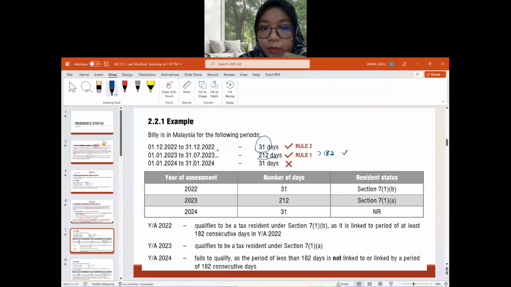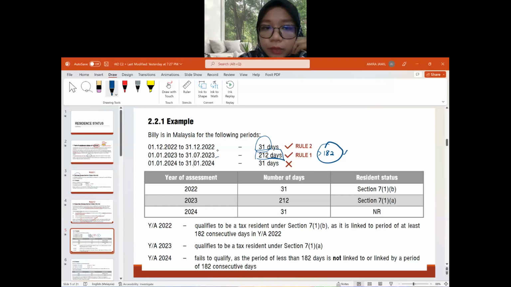And then for YA24, he only lived in Malaysia for 31 days. So, under rule number 1, he cannot be considered as tax resident because he only lived for 31 days. Okay, but for rule number 2, if he lived in Malaysia immediately preceding or immediately following 182 days, then under rule number 2, he can be considered as tax resident too.